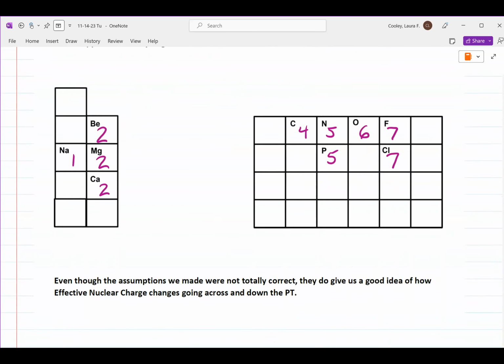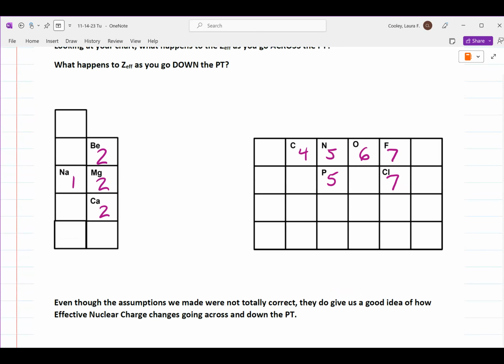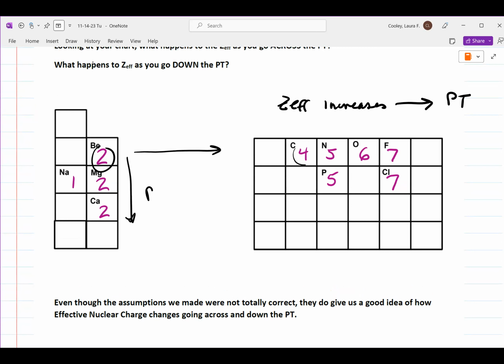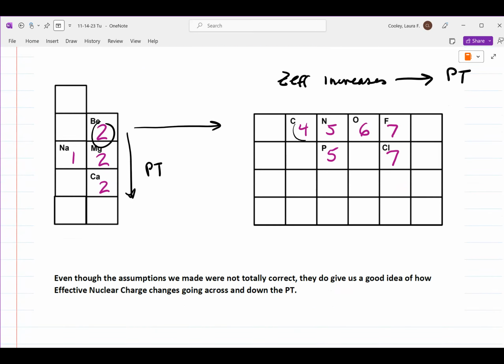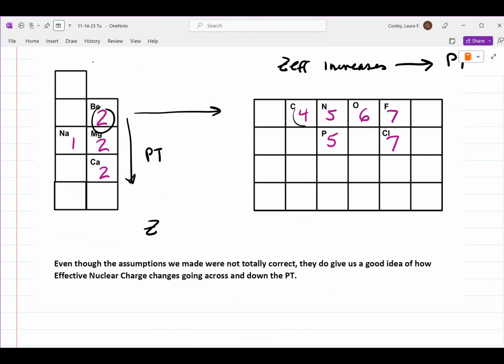We did this exercise last time. We rushed it at the end. If you want to hand it in, I'll give you special problem credit for it. But the basic conclusion is that Z effective increases as you go across the periodic table. Here you have 2, 4, 5, 6, 7, etc. But as you go down the periodic table, Z effective is more or less the same, approximately constant.